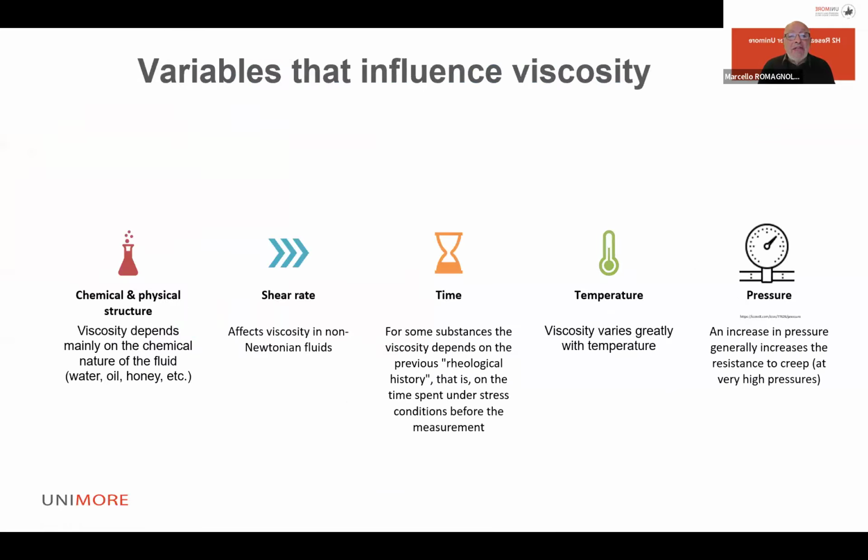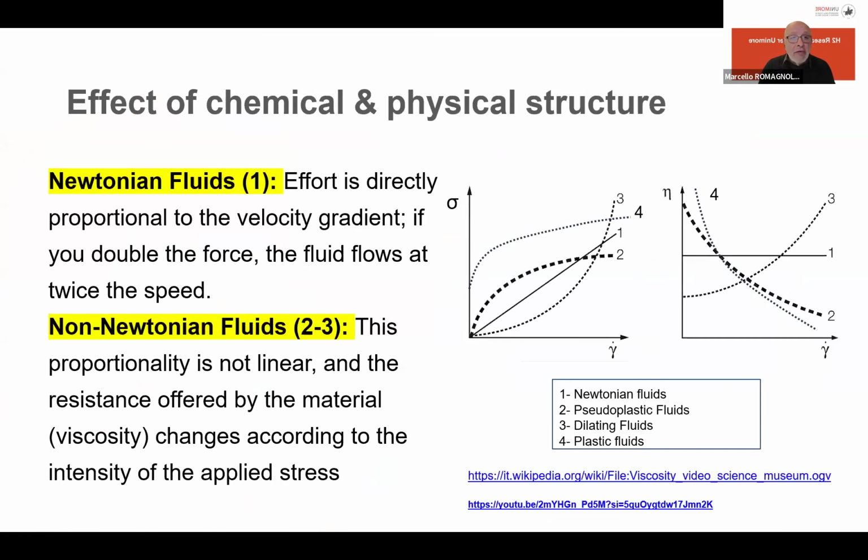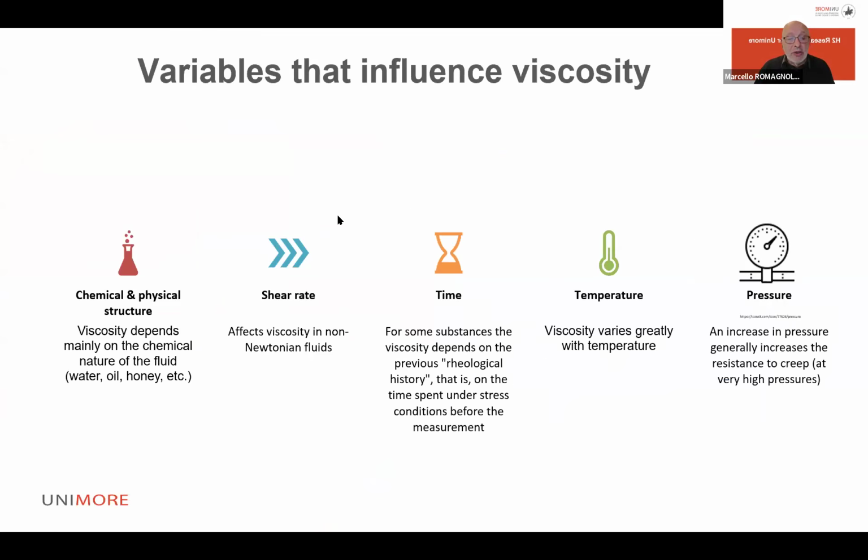Here are the variables that affect the rheology of a suspension. You can see the chemical effects and physical structure, the shear rate, the time, the temperature, and the pressure. For example, if we have Newtonian fluids, we talk here about the chemical and physical structure.